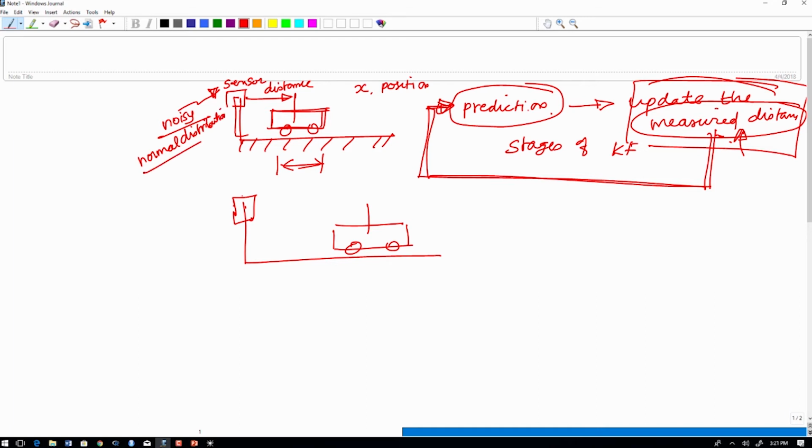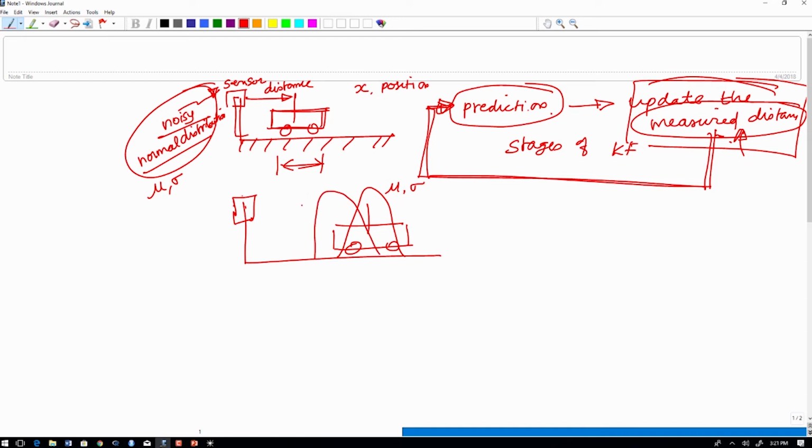As you know, the normal distribution has the mean as well as the variance. So, the measurement comes with the mean and the variance. In this example, let us say we have this mean and variance. Now, let us say we have an algorithm to predict the position depending upon the previous data.